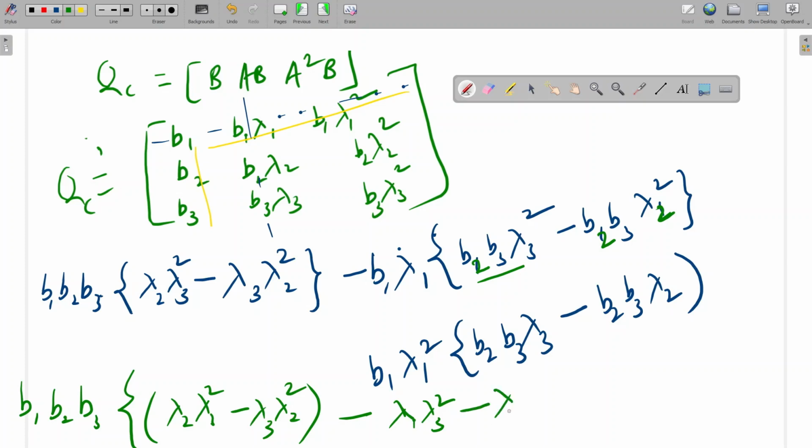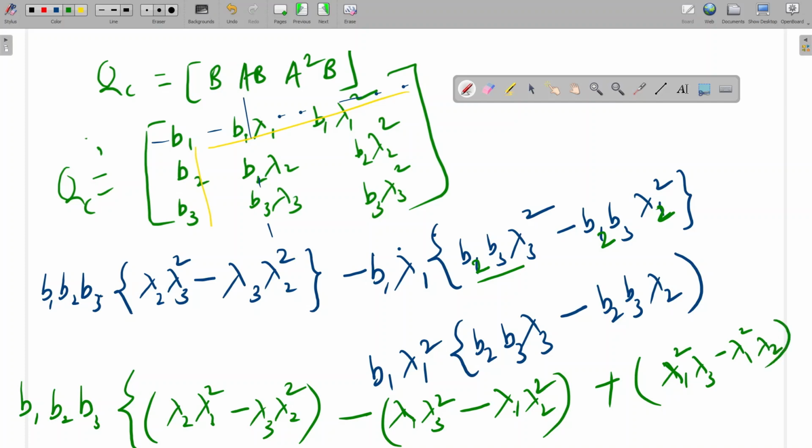So lambda 1 lambda 3 square minus lambda 1 lambda 2 square, this bracket will be there, and plus here it will be b1 b2 b3, so the term will be lambda 1 square into lambda 3 minus lambda 1 square into lambda 2.